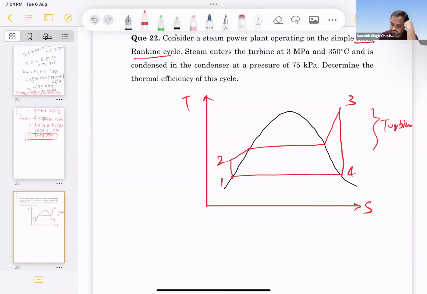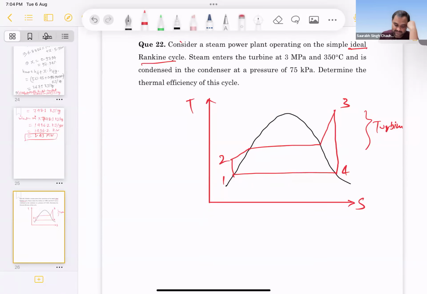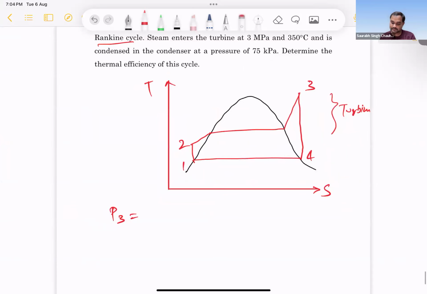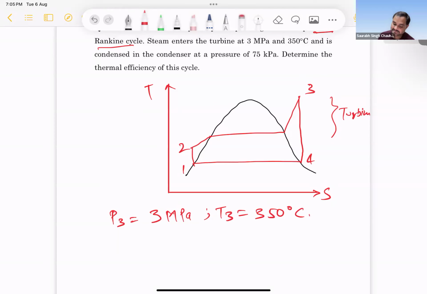So pressure at point 3 is given. P3 is given as how much? 3 megapascal. And temperature is also given. T3 is equal to 350 degrees Celsius. Fine. And it is condensed in the condenser at a pressure of 75 kilopascal.